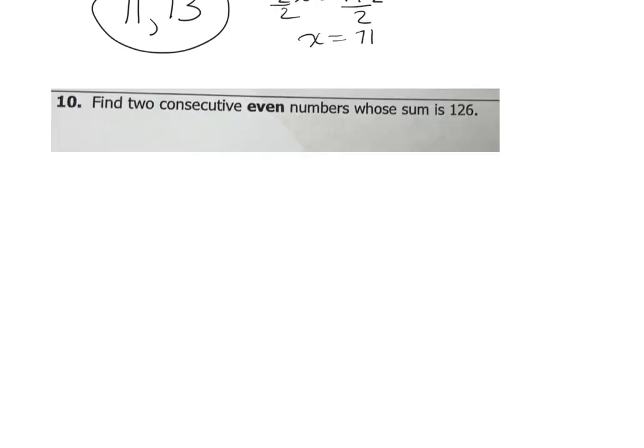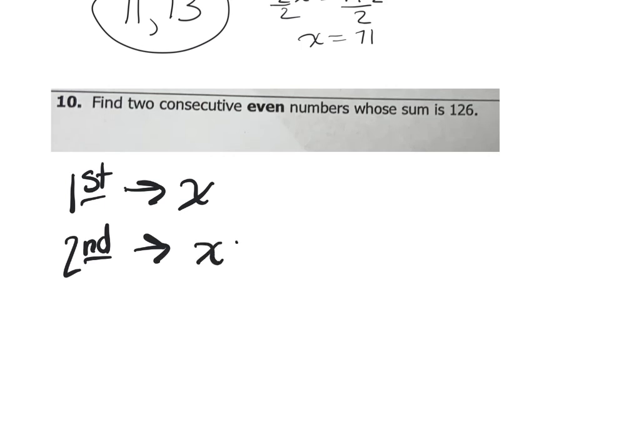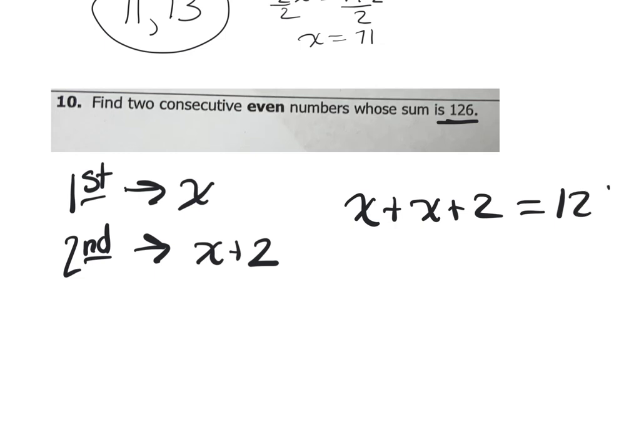Okay, we have find two consecutive even numbers whose sum is 126. So this one's done the same way, right? Your first number is x. What's your second number going to be? X plus 2. If you add them together, you get a sum of 126. So 2x plus 2 equals 126.